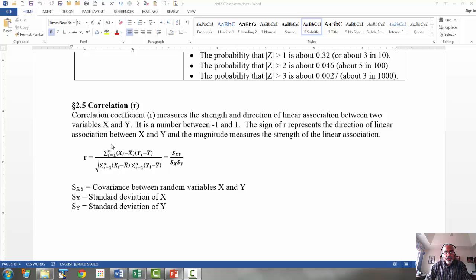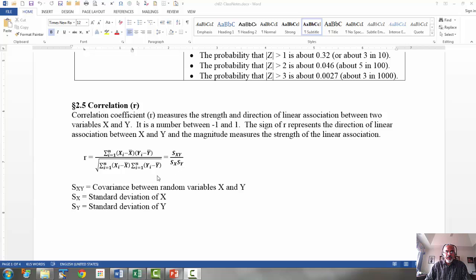Now this is the formula that we will use to compute the correlation coefficient. The numerator here is called covariance between x and y, the two random variables. And then we have square root of this times square root of this, which is really standard deviation of x, and then this is standard deviation of y.